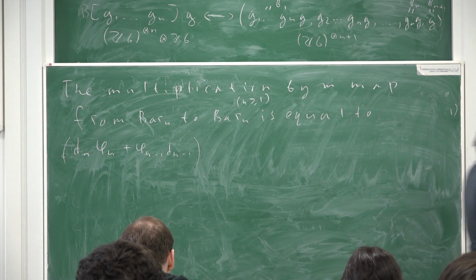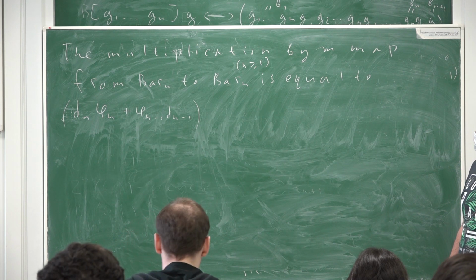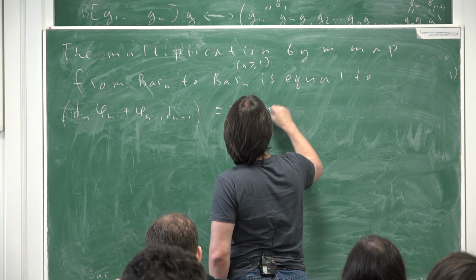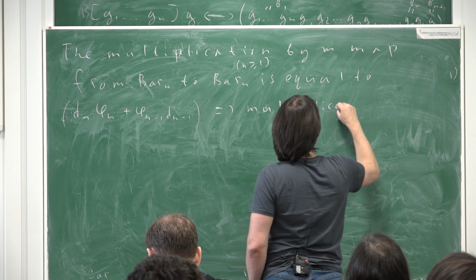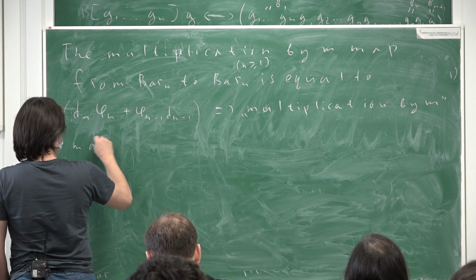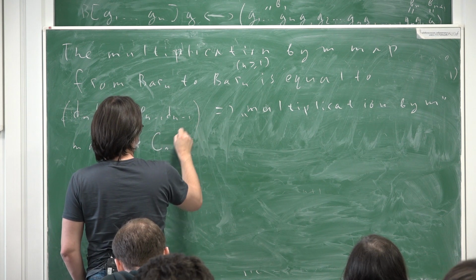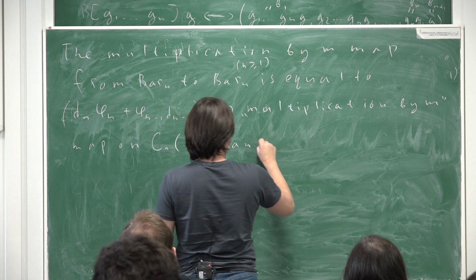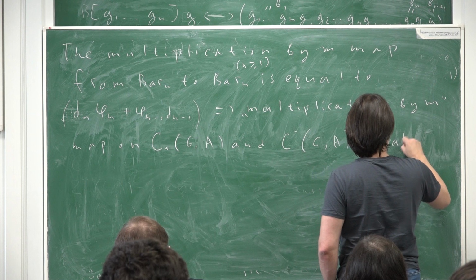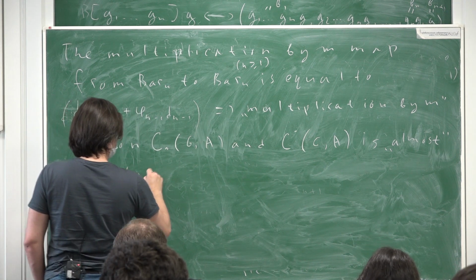And so the multiplication by m map on C star of GA and C star of GA is almost homotopic to 0, too.